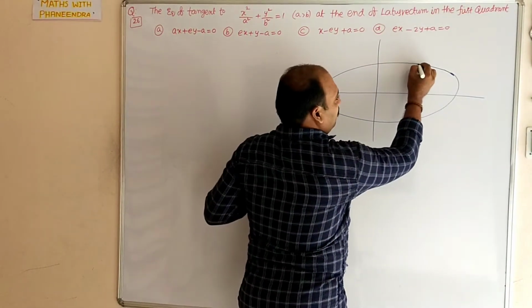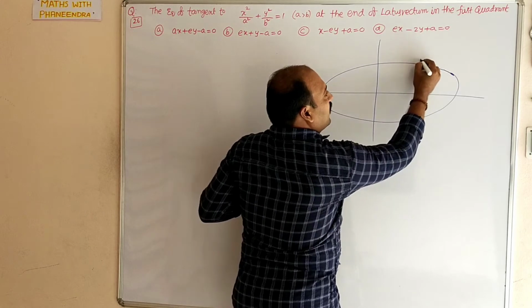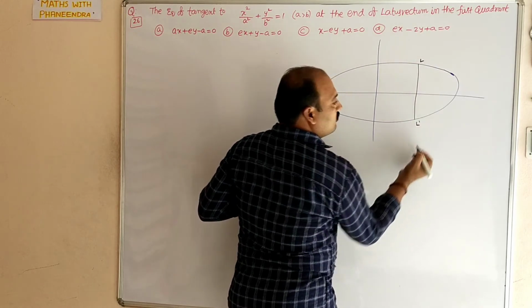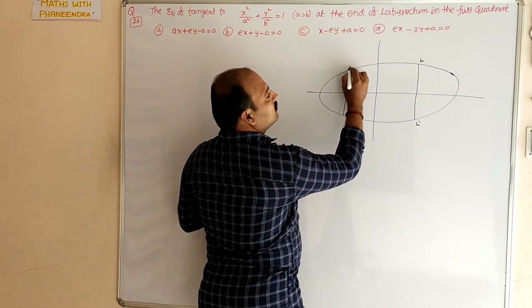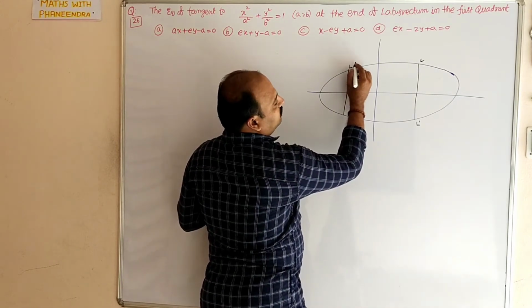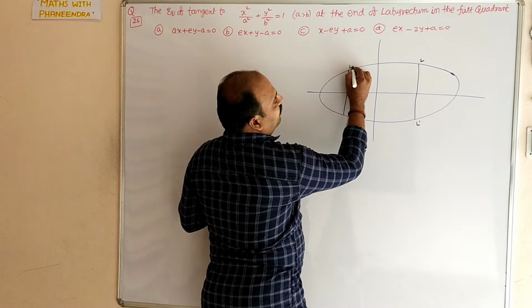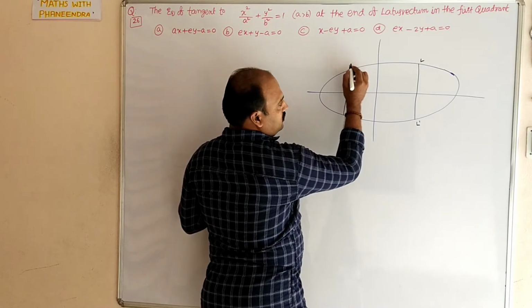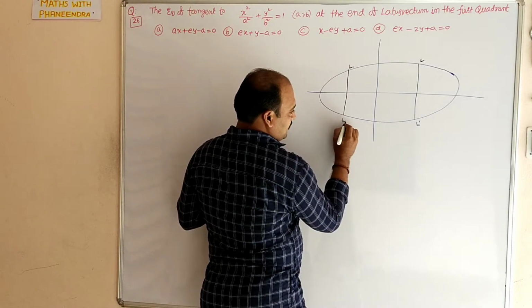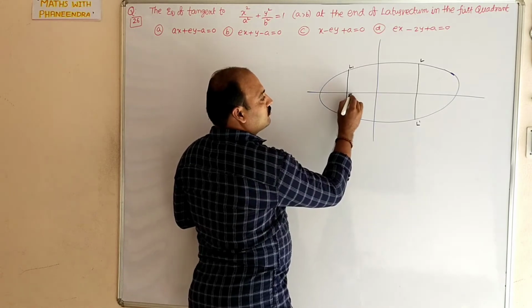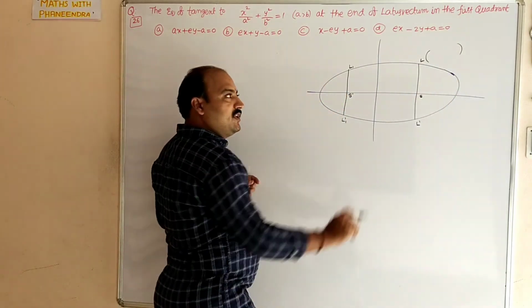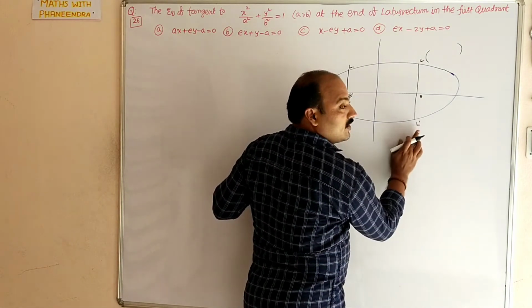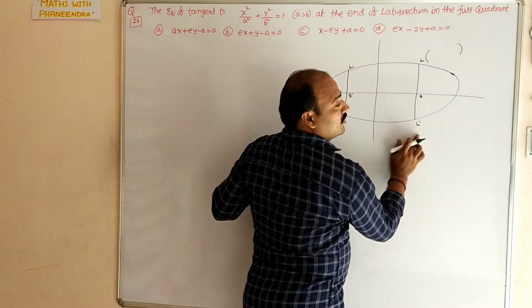Here L dash, and another one is L1 dash. Which end is in the first quadrant? These ends are in the first quadrant, these ends are in the fourth quadrant.